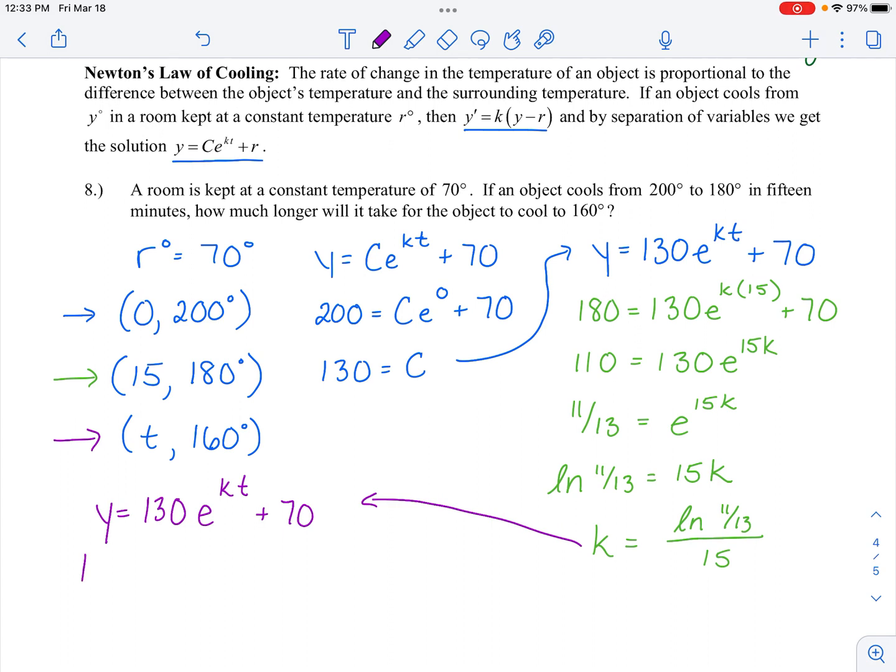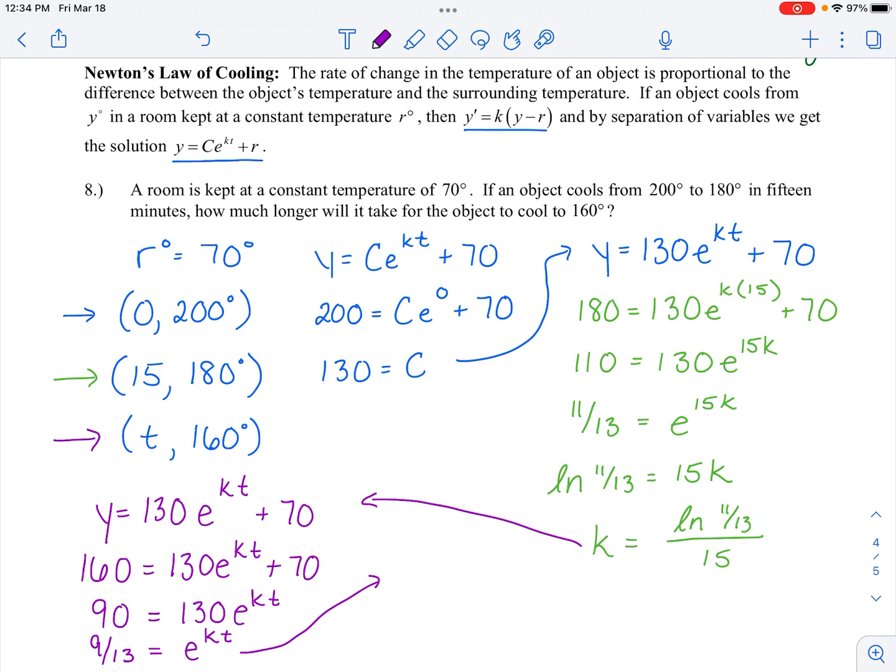So I'm going to do 160 equals 130 e to the kt plus 70. Take away that 70, you get 90 equals 130 e to the kt. All right, divide out the 130 and you're going to get 9 over 13 equals e to the kt.